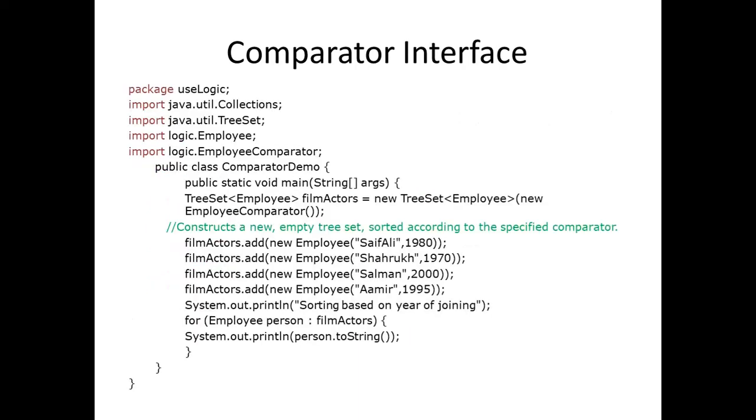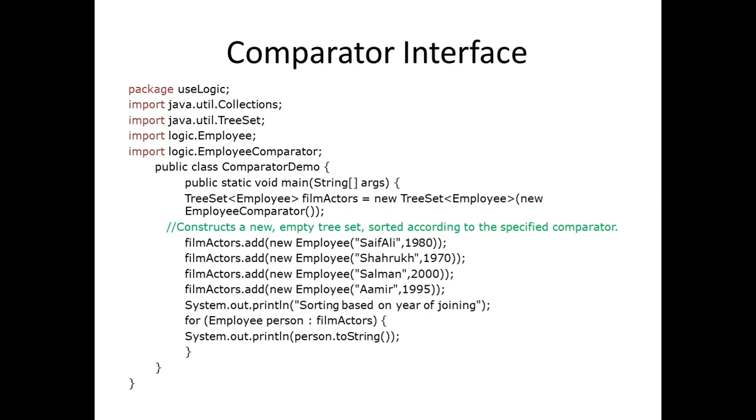Then the third step is to write the ComparatorDemo class or TestComparator class, or whatever you may call it. This class is going to have the main method. The main method declares a TreeSet of Employees. Look at the constructor used on the right-hand side of the assignment operator.